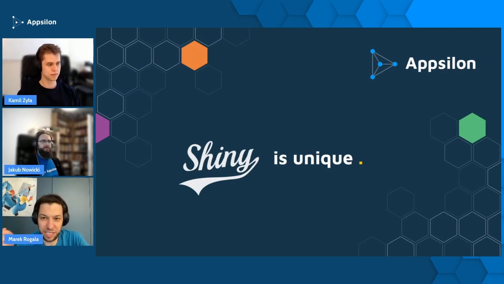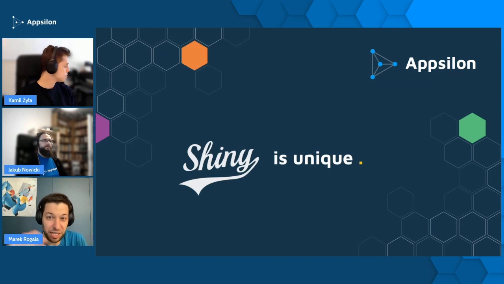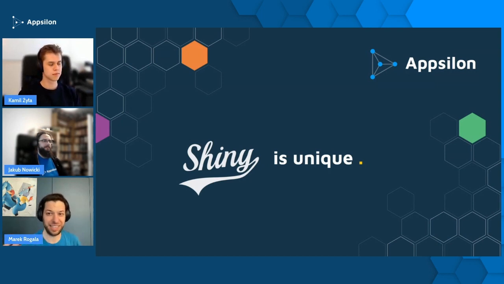I think it's because it empowers thousands of people, data scientists, engineers, to create interactive, powerful applications that put their analysis in the hands of people who need that information. Shiny started as a simple tool to add interactivity to our analysis, but it has grown enormously since then.